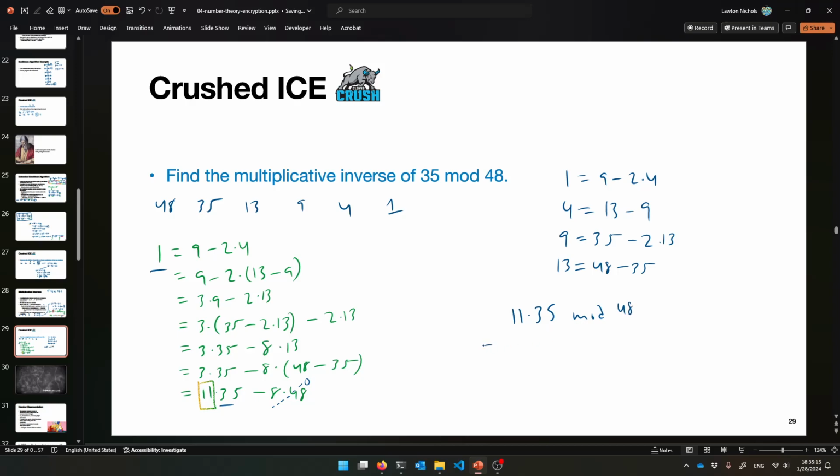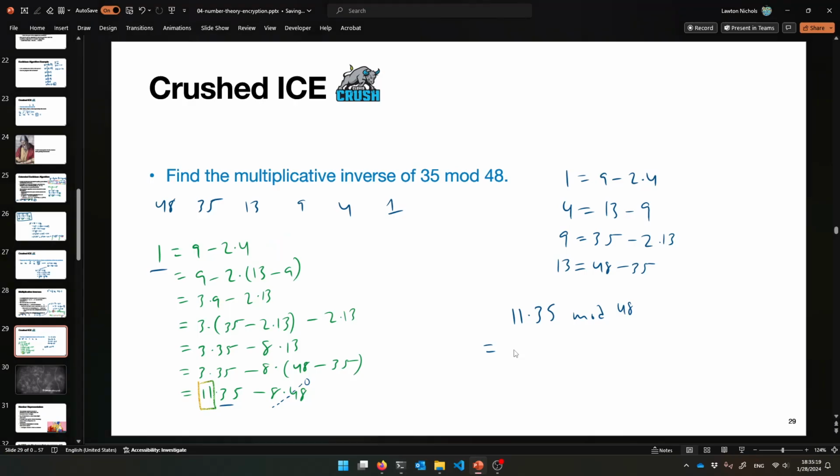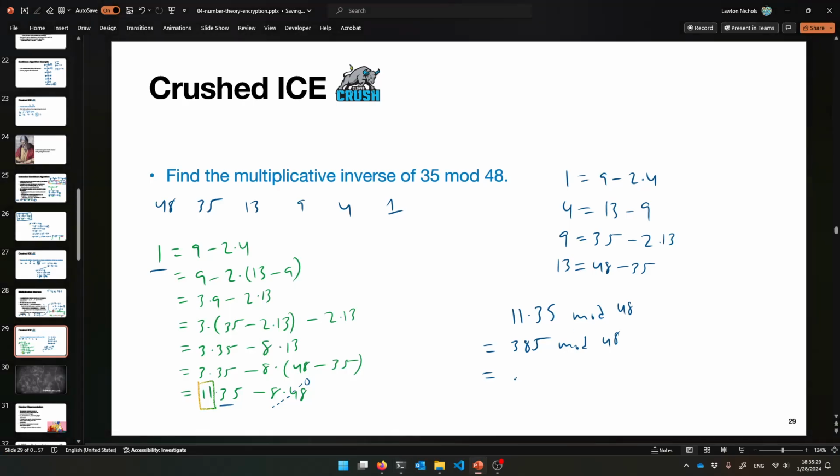So that's equal to 385 mod 48, which really is 1. So yeah, when you're working mod 48, you multiply 35 by 11, and then you get 1. That's what it means to be an inverse. Cool. So that's the answer, and that's how you find it.